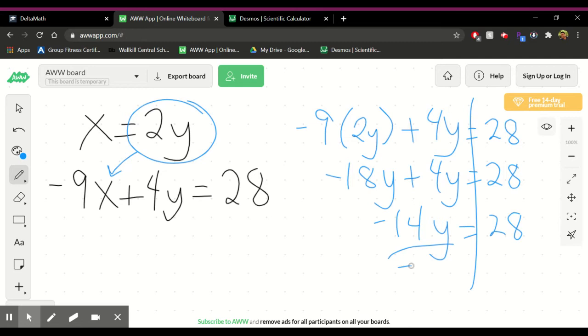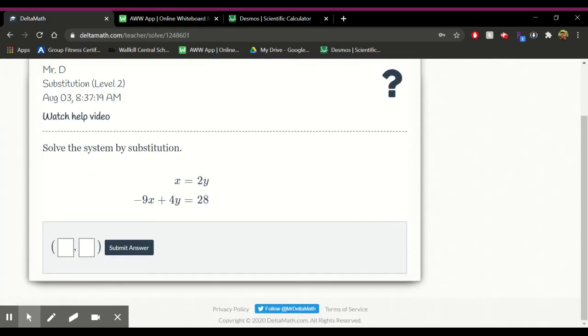And we're going to divide both sides by negative 14. And we get y is negative 2. So we solve for y in this case. So over here, our y is going to be negative 2.